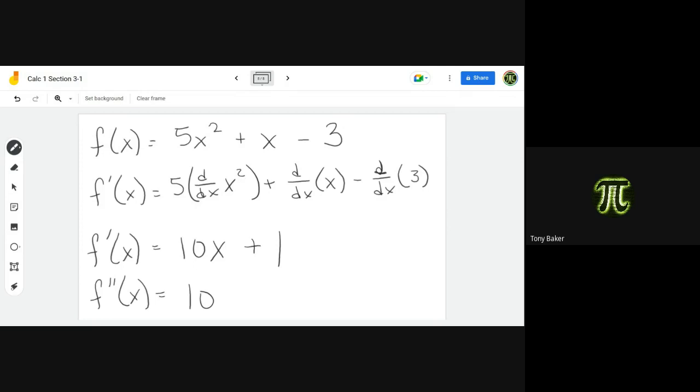What's the derivative of the 1? 0. What's the third derivative? It is 0. What's the fourth derivative? Still 0. 0 is a constant, right? So the derivative of 0 is still 0.